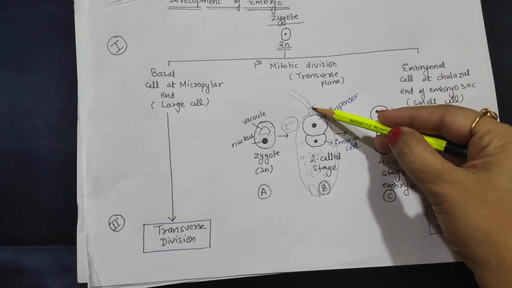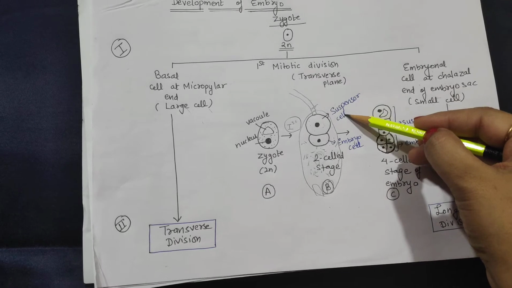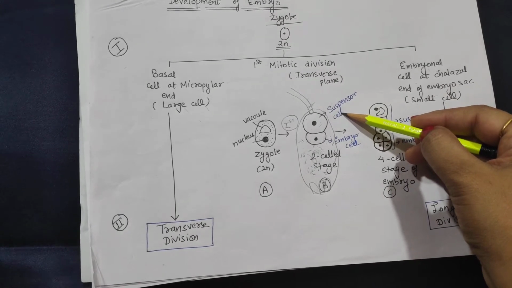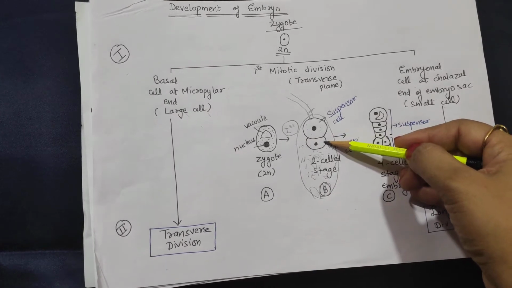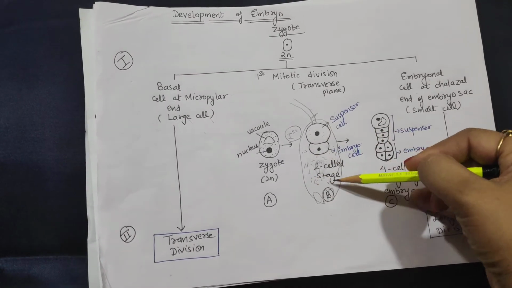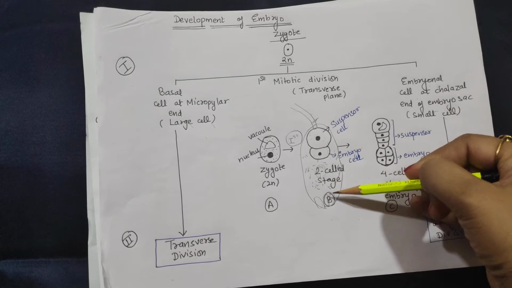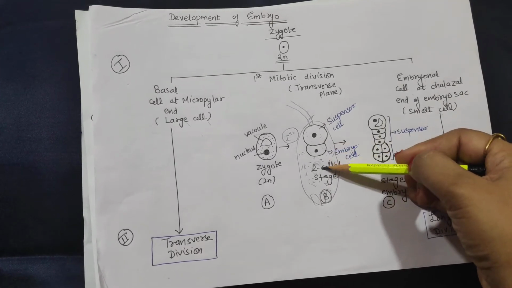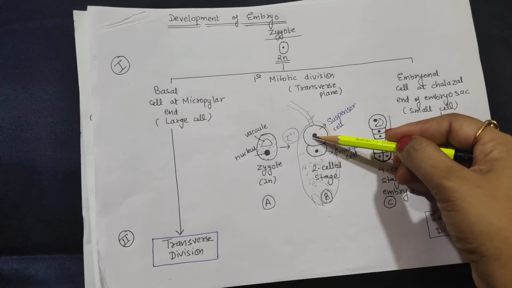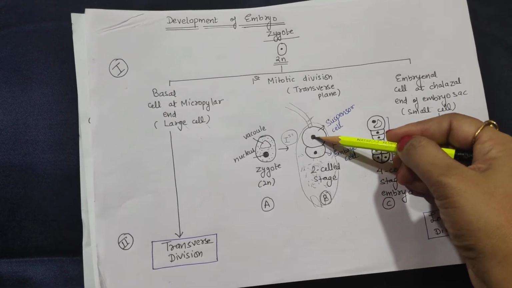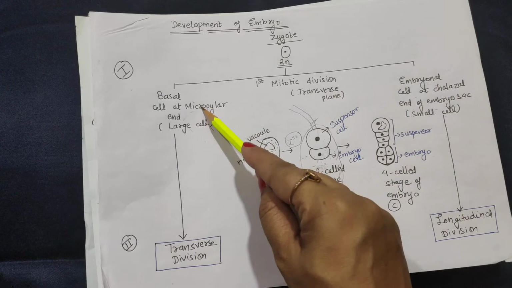So the basal cell towards the micropylar end, that is your suspensor cell, and the cell towards the chalazal end is going to be your embryonal cell. I think this is clear to you, if you draw an embryo sac, how this embryonal cell will be towards inside, towards the chalazal end, and the suspensor cell, which is a large cell, is towards the micropylar end.